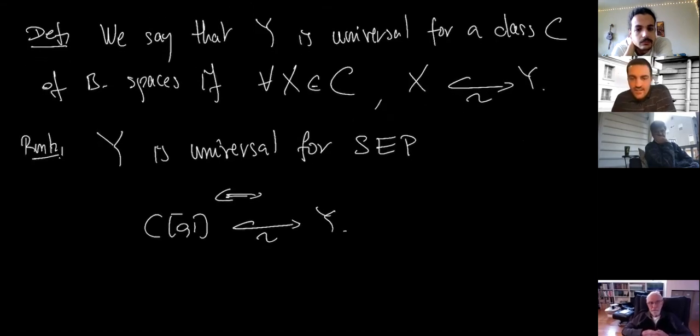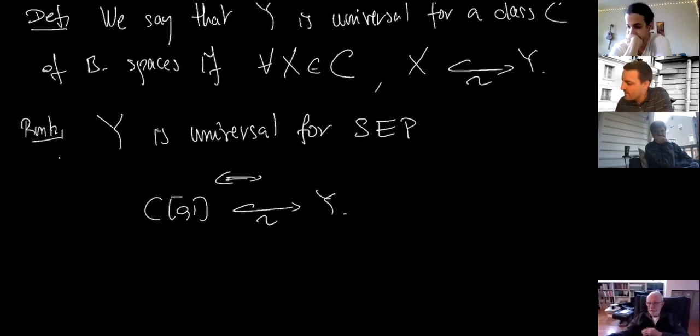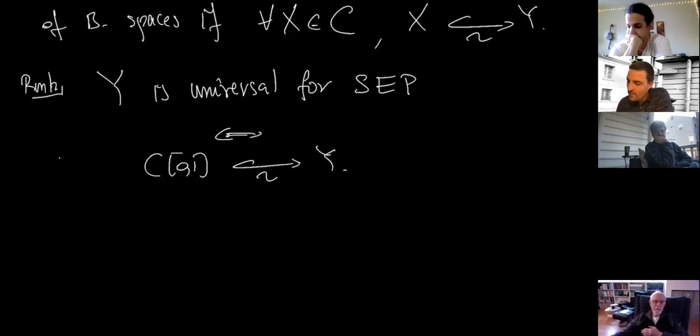So this is completely obvious once you know the Banach-Mazur theorem. If you want to show that a Banach space is universal for the class of separable Banach spaces, the only thing you have to worry about is finding a copy of C of 0, 1, because then you would get the other ones for free.